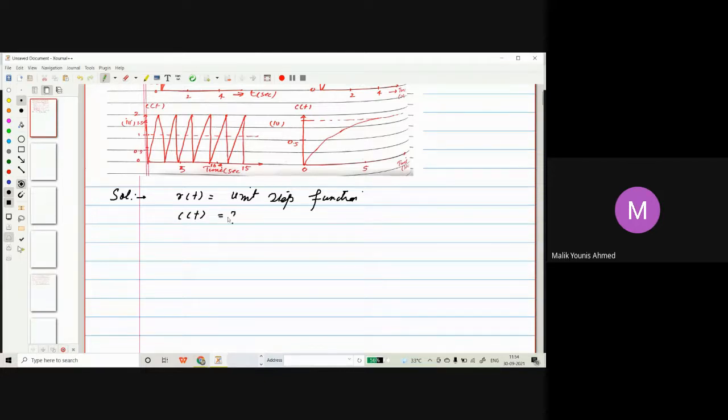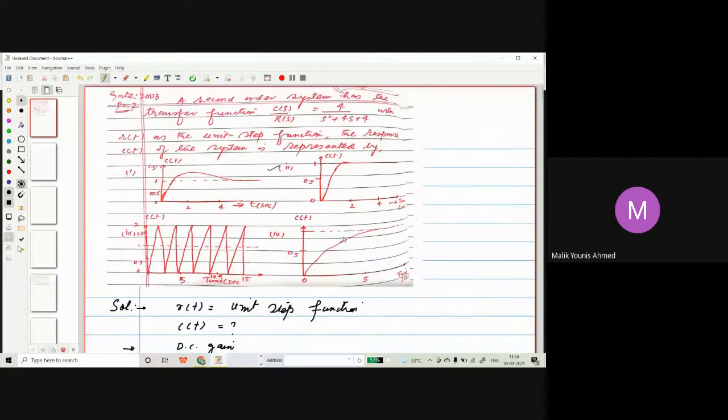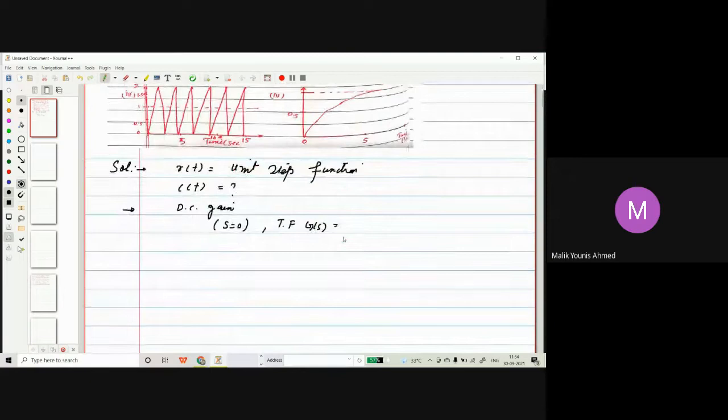So the C(t) response we have to find. I have given you some hints, this is not regarding the question. I will always repeat these things because they are important from the point of view of the GATE examination. DC gain, S equivalent to 0, so the transfer function G(s) becomes 4 divided by 4, that will be 1.